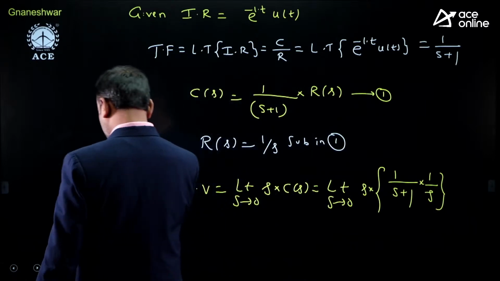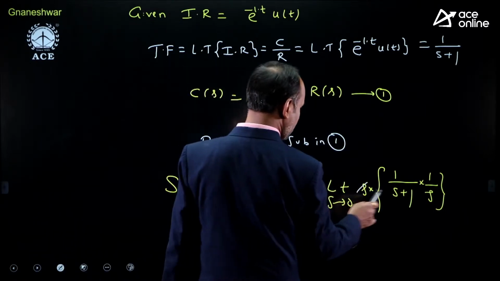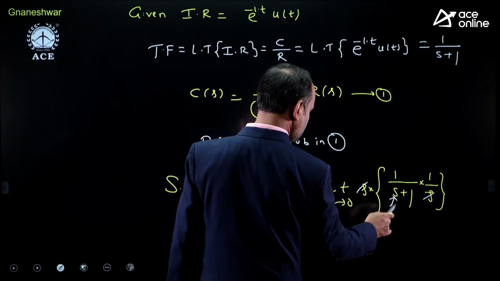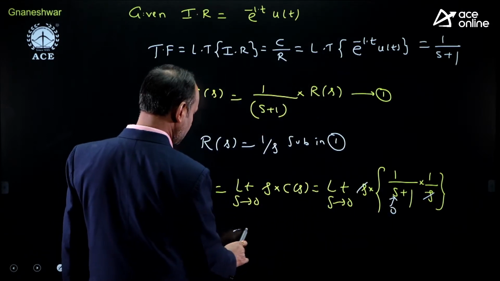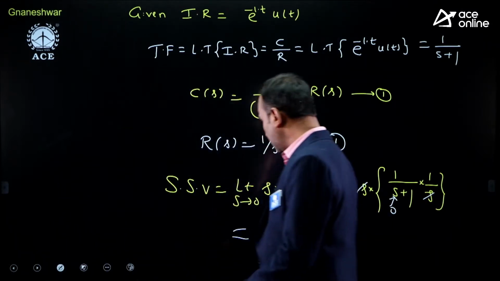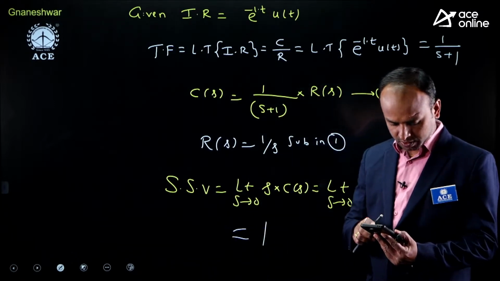So s and s cancel. Wherever s is there, s tends to 0. So no doubt the steady state value is 1 only.